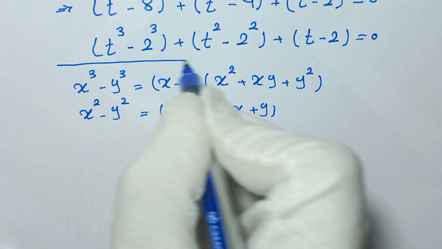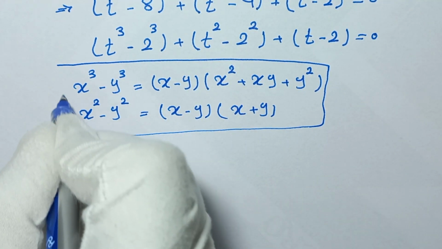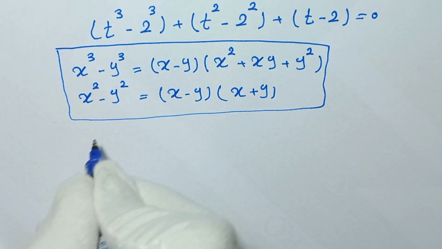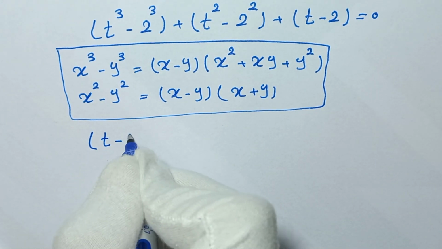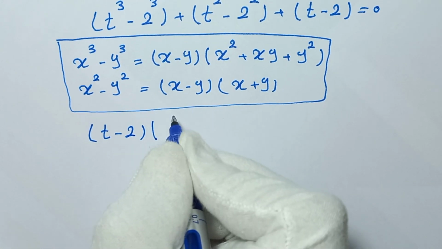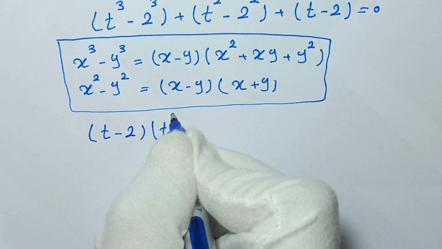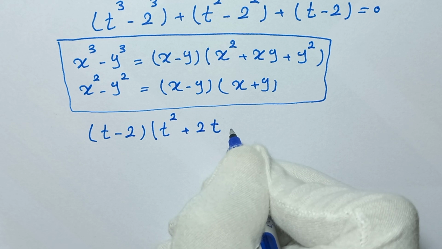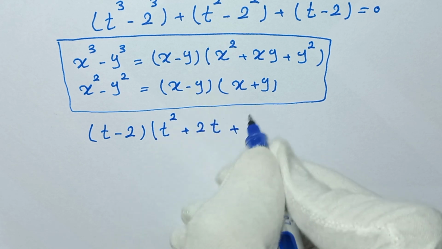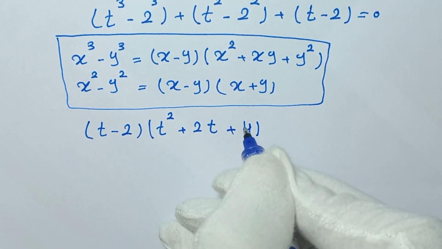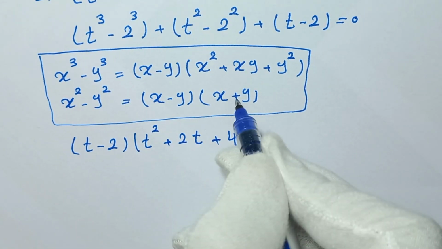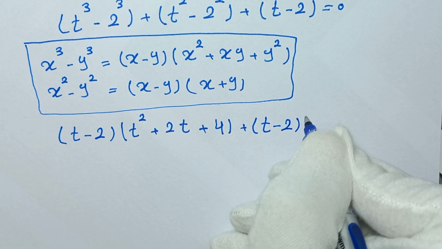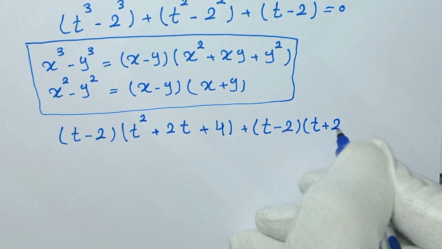So, in here, from this formula, we can write this as t minus 2 times t square plus 2t plus 2 squared, which is 4. And in here, from this formula, we can write t minus 2 times t plus 2, right?